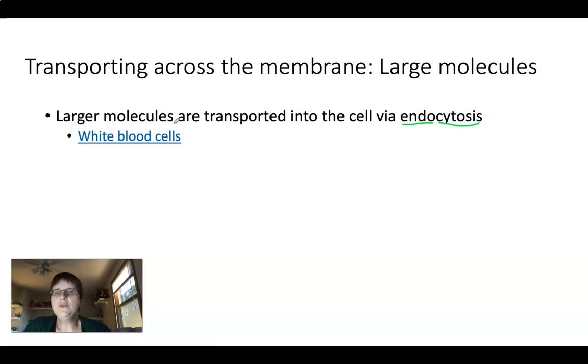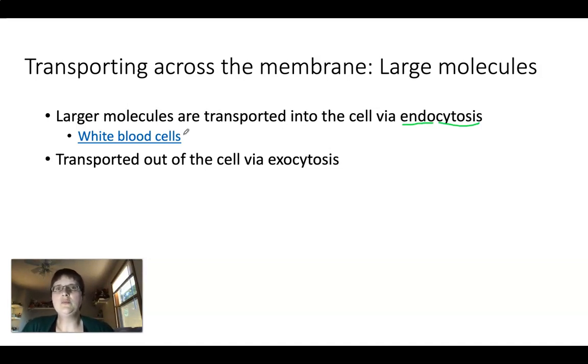I'm going to post this video here of a white blood cell munching down on some bacteria, I think it is. This is actually what your white blood cells do in order to attack anything that's come into your body. But your regular cells do this in order to bring in big material, all right? And then the opposite is done to get rid of things.